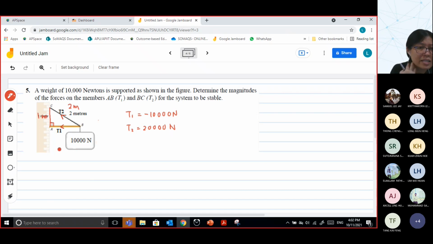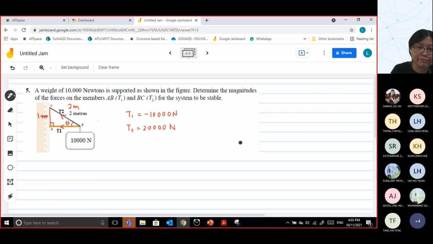Then what is the angle? You need to determine the angle first. If this is theta, we have the opposite side and also the hypotenuse. Opposite divided by hypotenuse, what is that? Tangent, sine, cos?